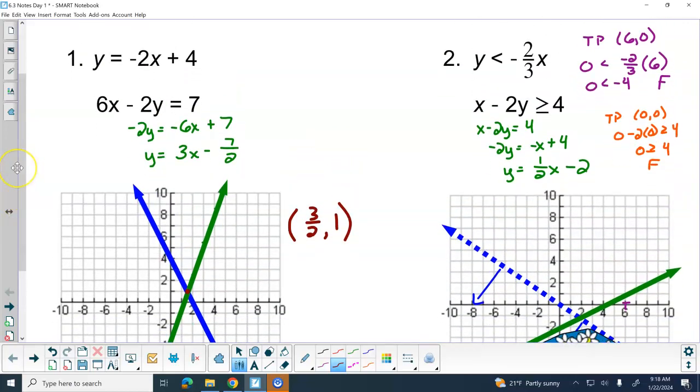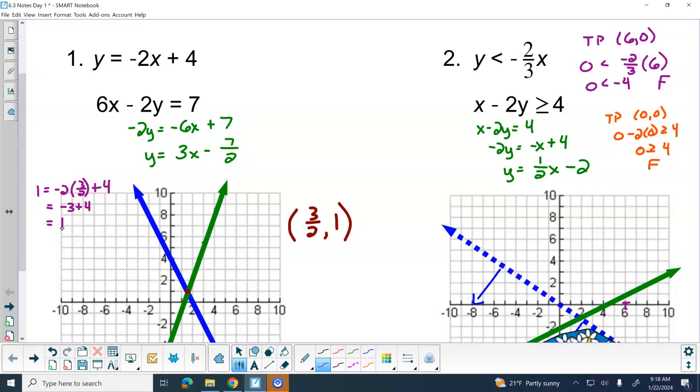Okay. So if I test it in the first one, 1 equals negative 2 times 3/2 plus 4. That's going to be negative 3 plus 4. That's going to be 1. So it works out in the first one. Yes?